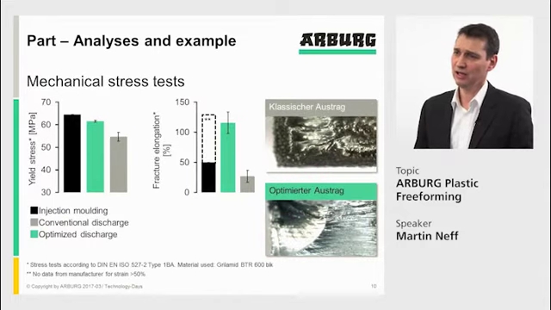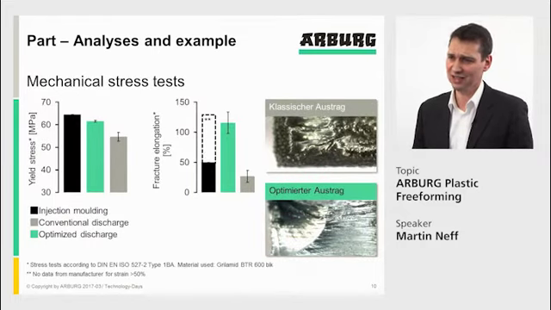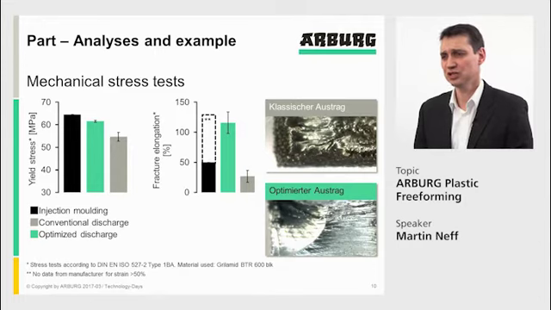If we look to the mechanical stress tests, the yield stress and the fracture elongation, you can find the following results. With the injection molded part, we are in a range of 65 megapascal.